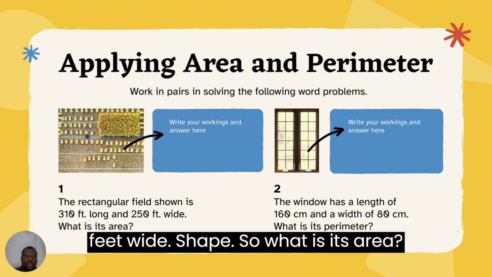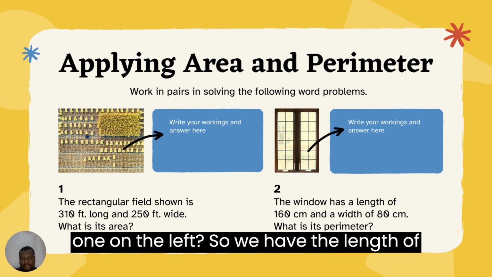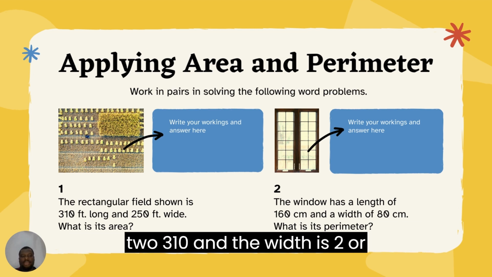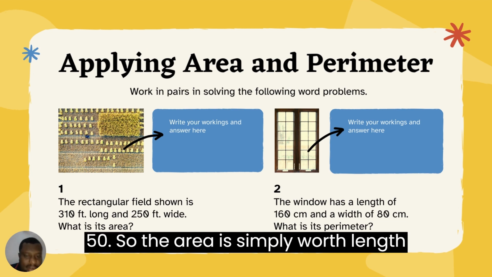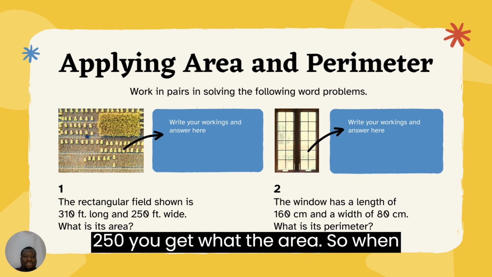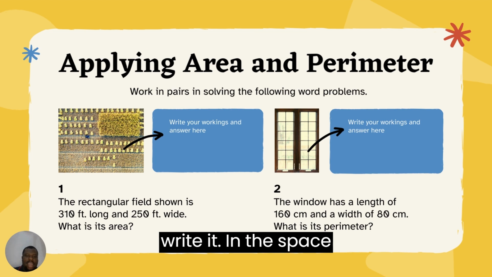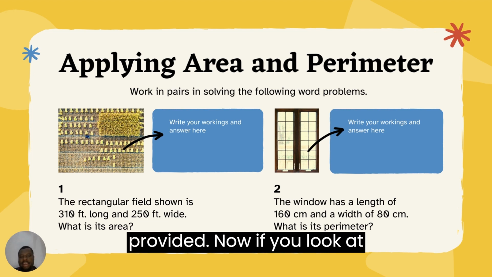So what is its area? How do you get the area of the shape? The one on the left: we have the length of 310 and the width is 250. So the area is simply length times breadth. When we multiply 310 by 250, you get the area, and you can write it in the space provided.